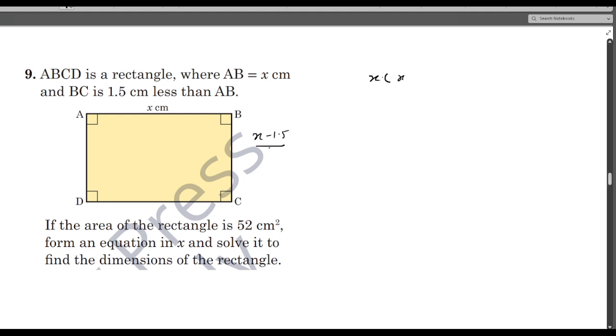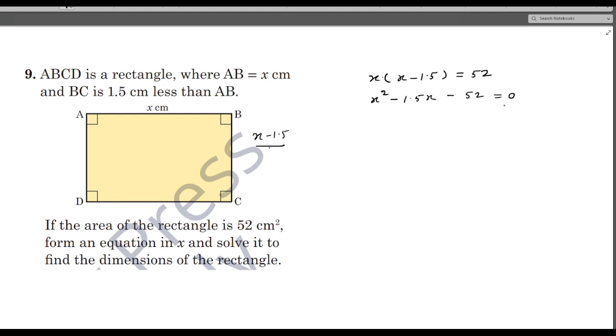So x times x minus 1.5, and this is equal to 52. Okay, so let us open the bracket. It is x square minus 1.5x minus 52. I will bring this 52 on the left. It is equal to 0. Okay, so this minus 1.5x. Either I will use the formula method or I will multiply everything by 2 and then try to factorize.